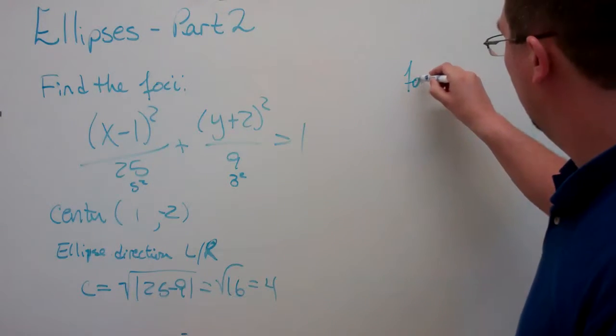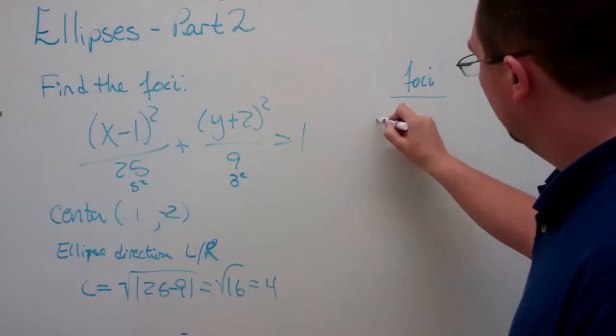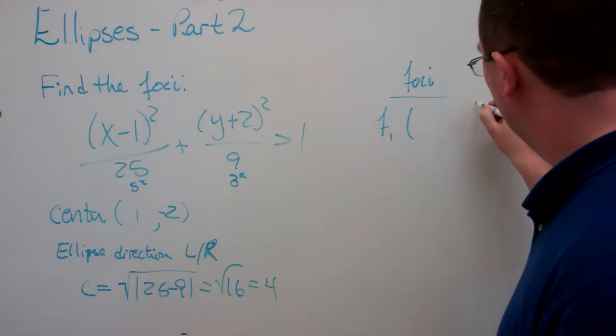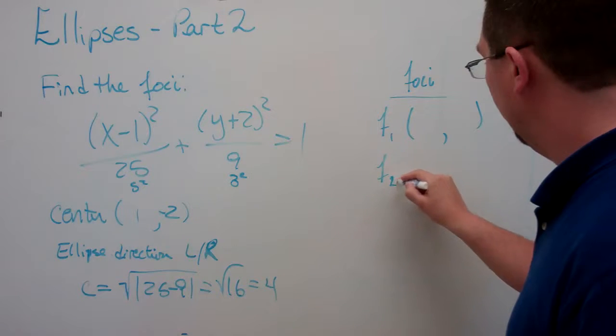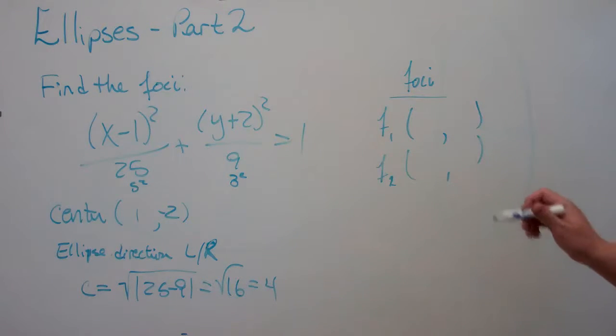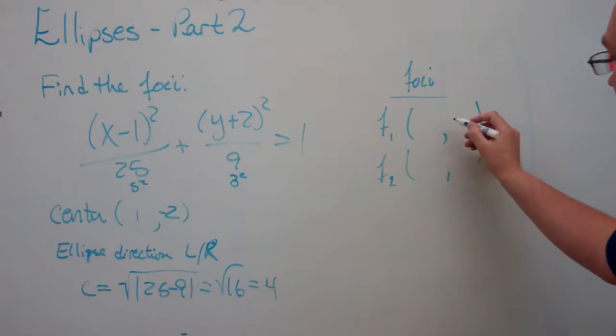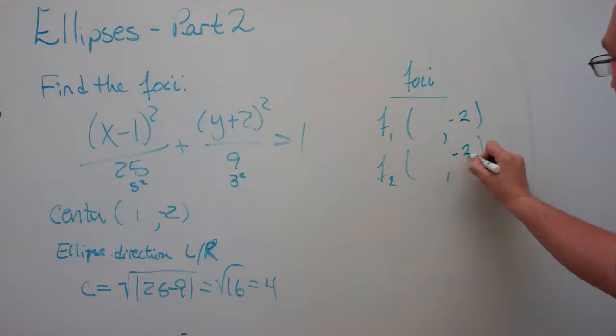We know it's left-right. So I'm going to say f sub 1 for the first focus and f sub 2 for the second focus. If you remember, when it goes left-right, your y values are going to be the same as your center point. So both of these are going to be -2.